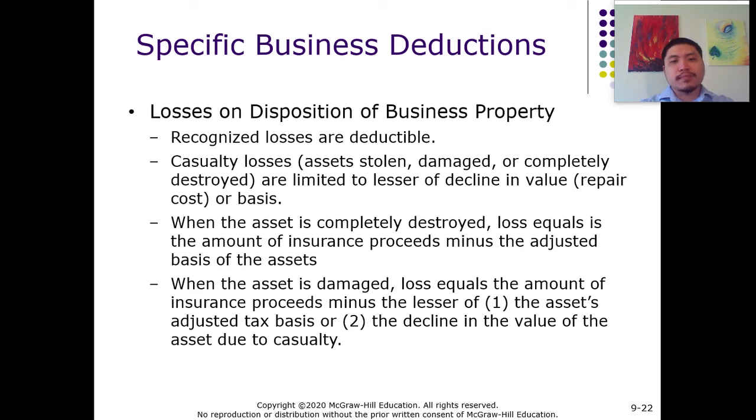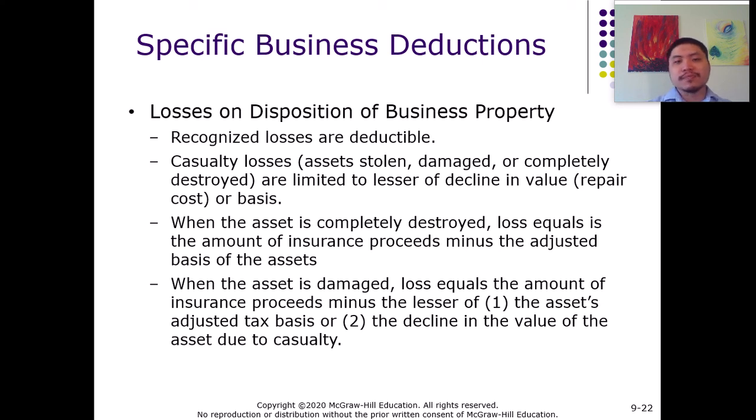Other than that, there are some other specific deductions that business owners might want to deduct. For example, loss on disposition of business properties, or casualty, meaning damage or losses of business properties. In the first case, the taxpayers decide to sell the property, and then somehow they incur a loss.